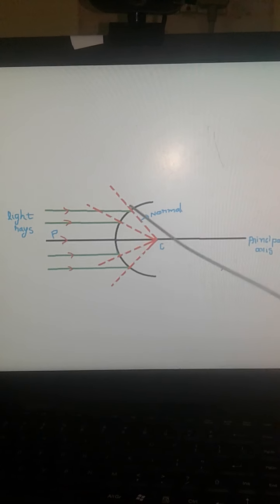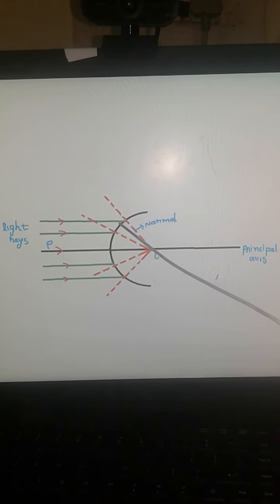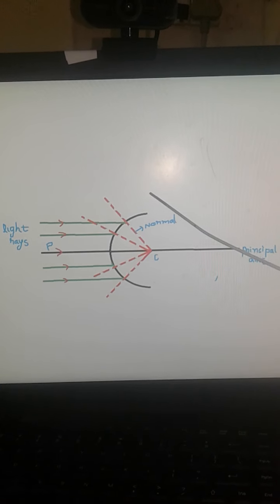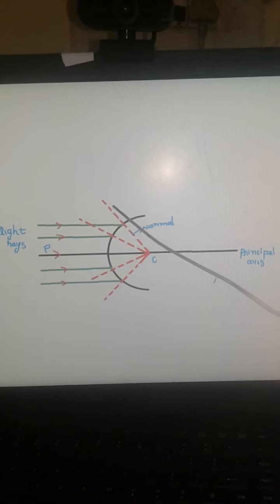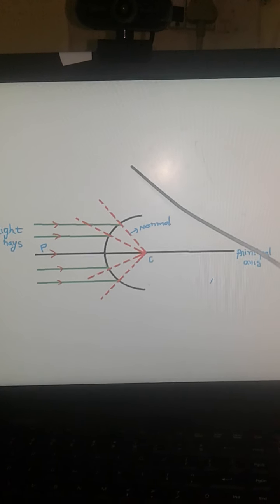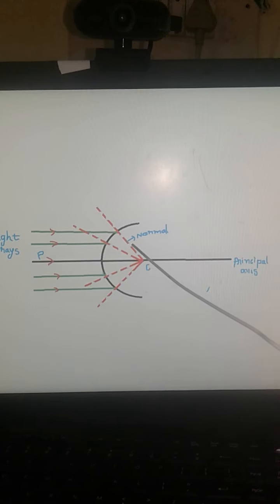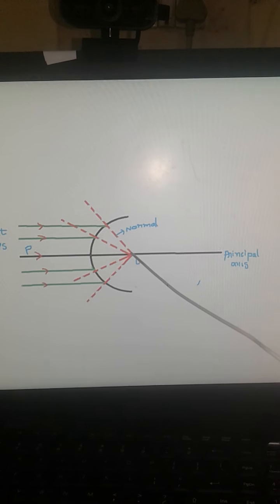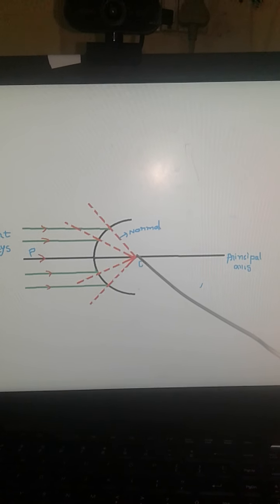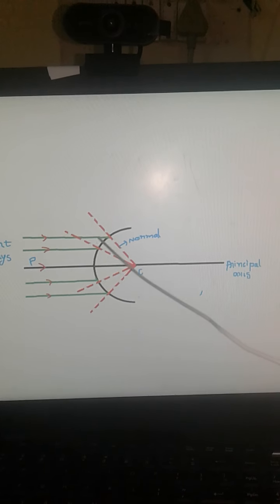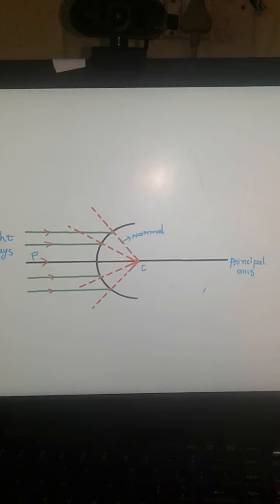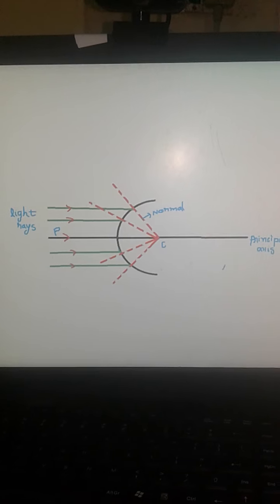If we draw a tangent through this point, then automatically this will be at 90 degrees. Then the line joining the center of curvature to any point on the curved surface becomes normal. This is the reason behind this.